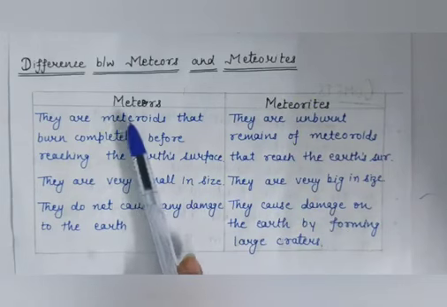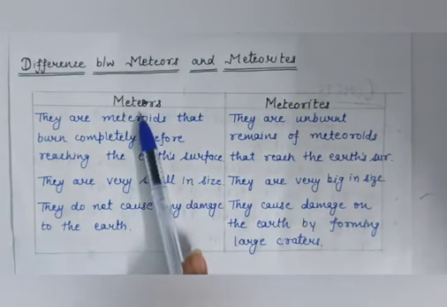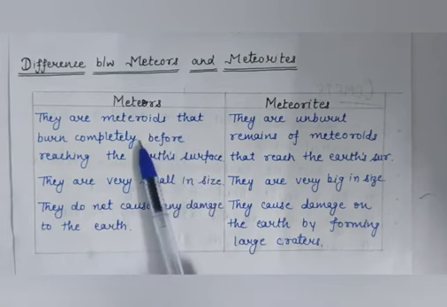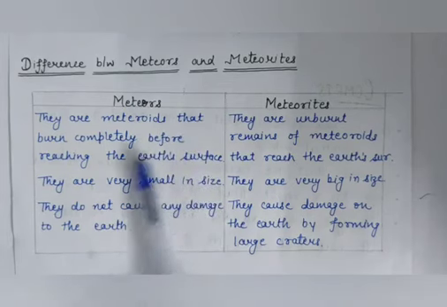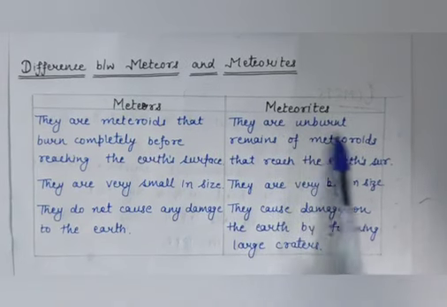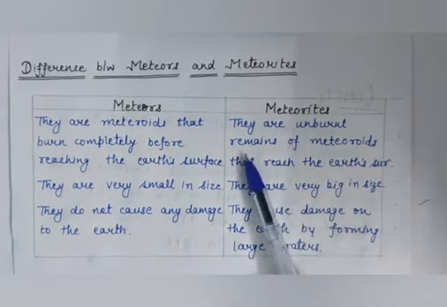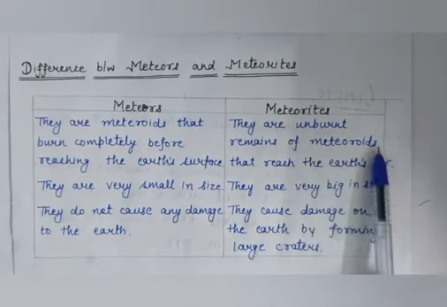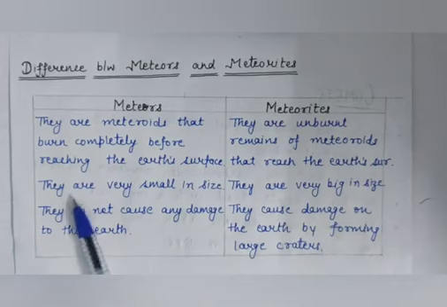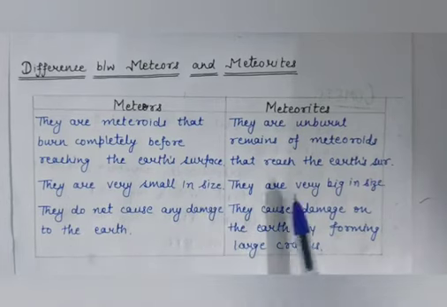Now, what is the difference between meteors and meteorites? Meteors are meteoroids that burn completely before reaching the Earth's surface, but meteorites do not burn completely. They are unburnt remains of meteoroids that reach the Earth's surface. Meteors are very small in size, but meteorites are very big.